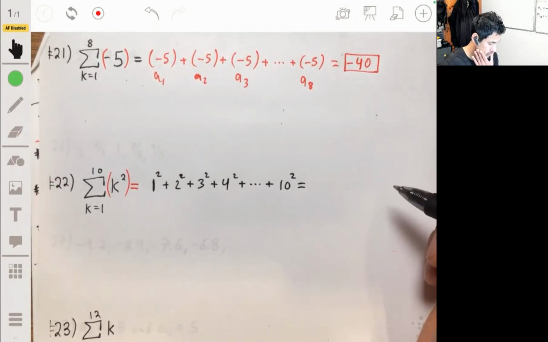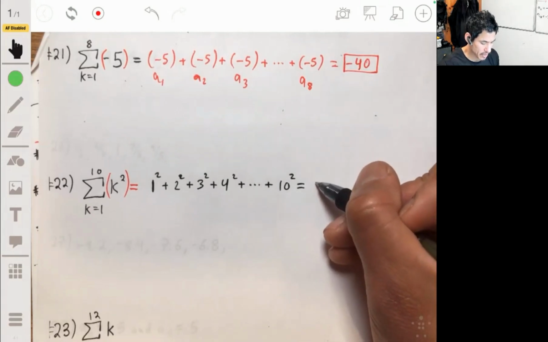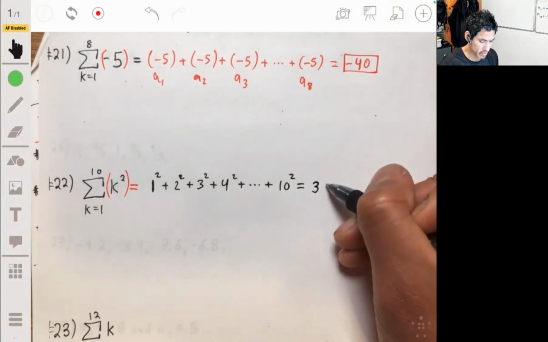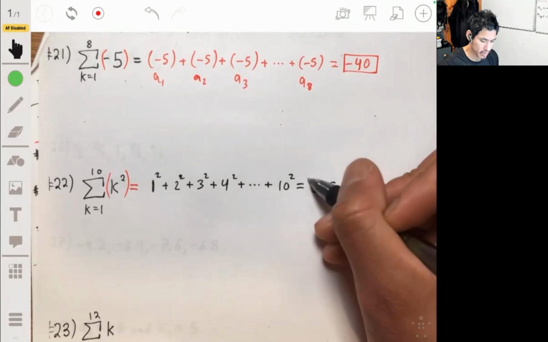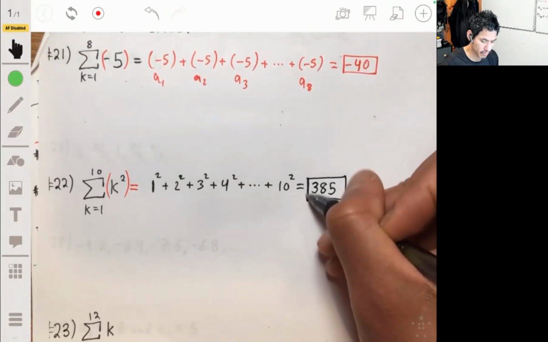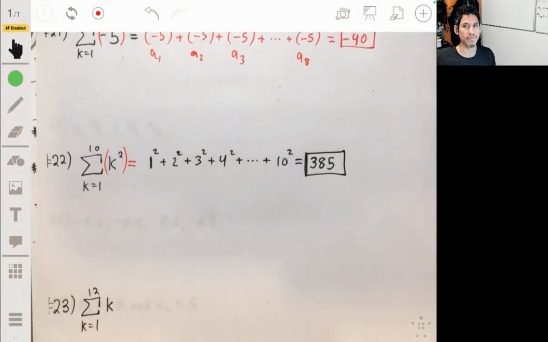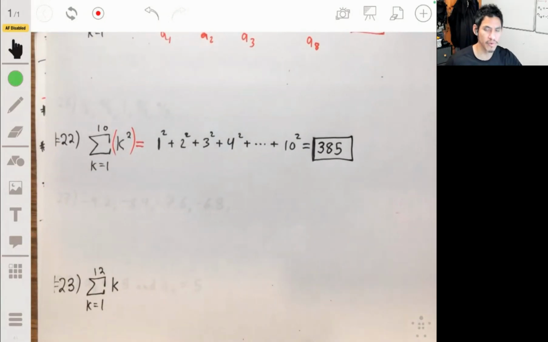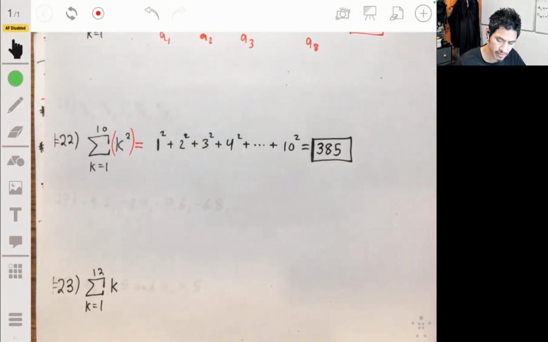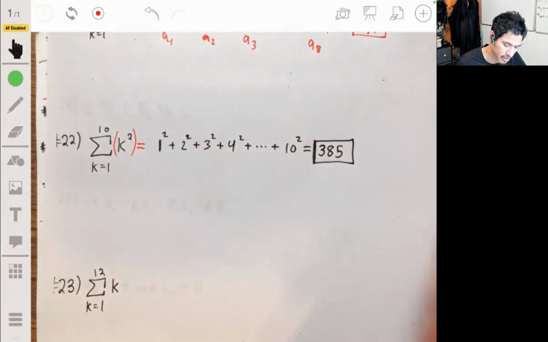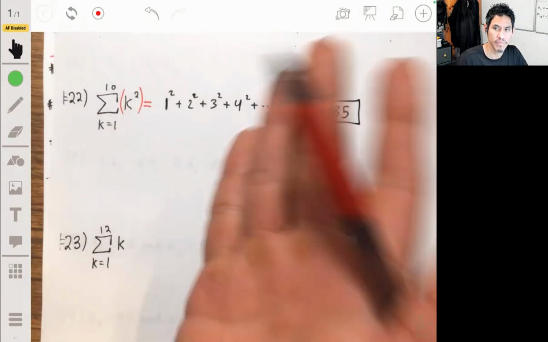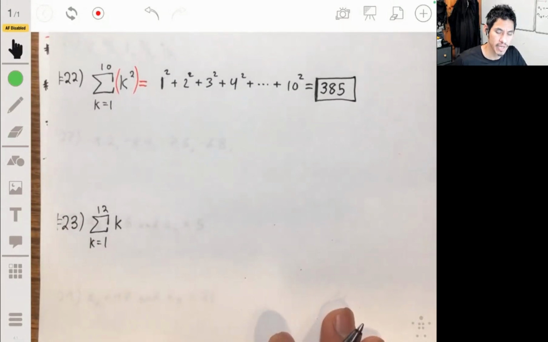Now, this is something that maybe if you keep on going in your math life, will come up frequently enough where you may learn some formulas, or you'll just be familiar with it, and it's always gonna add to 385. But again, you can always add them up quickly in your calculator or by hand, doesn't matter.